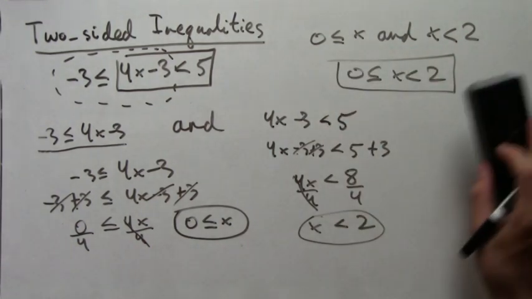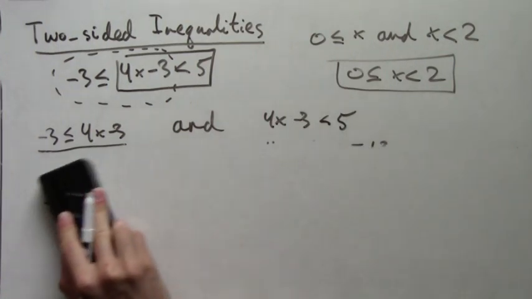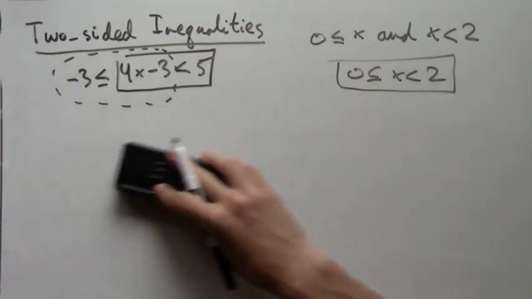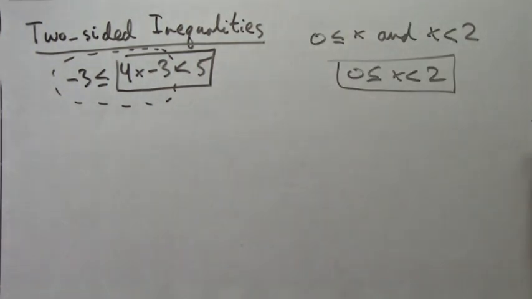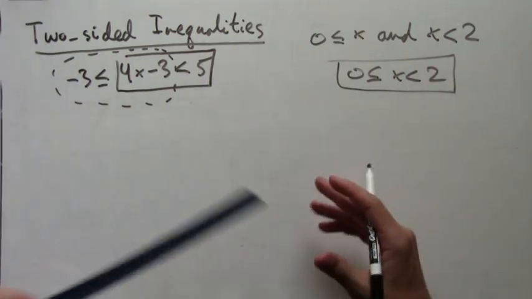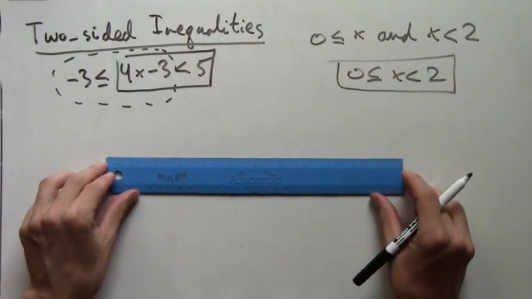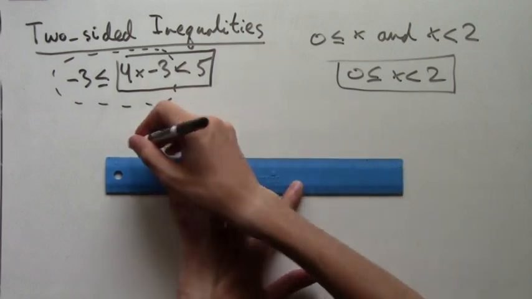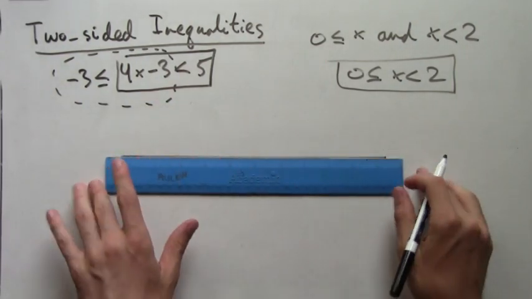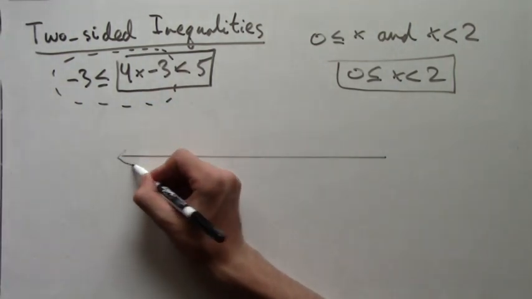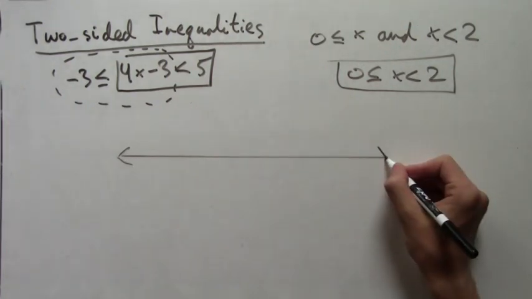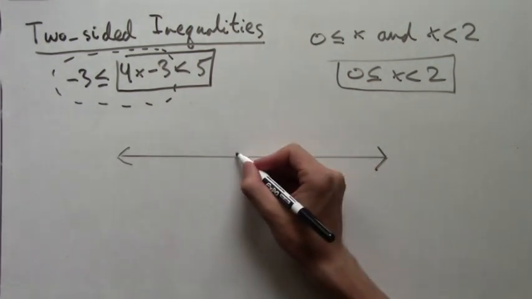Now that we have our answer, let's draw it on the number line and write it in interval notation. So here's our number line. We're going to draw 0 on the number line, and 2, because 2 is the other endpoint.